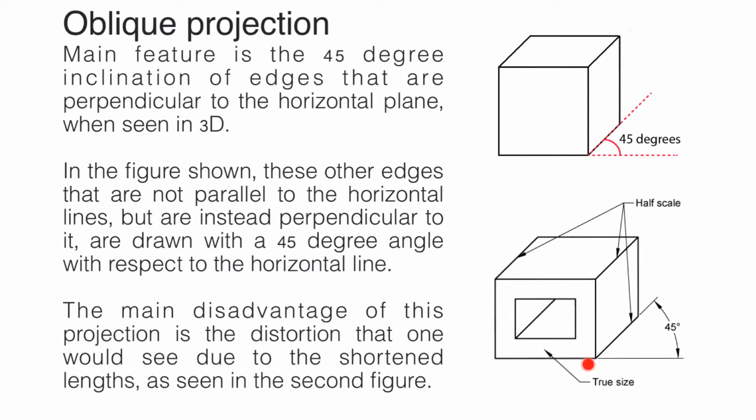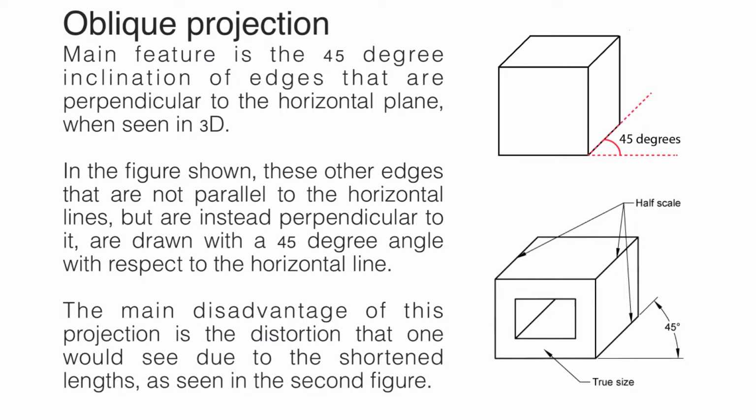Now, one main shortcoming of this projection is that these lines will be seen to be shortened in length in order to achieve a more realistic view. This concept is known as foreshortening and will be covered in subsequent lessons.